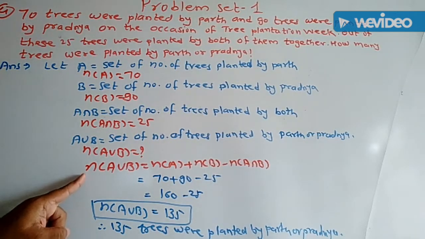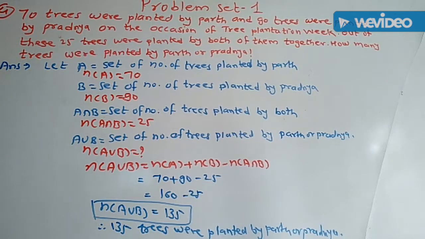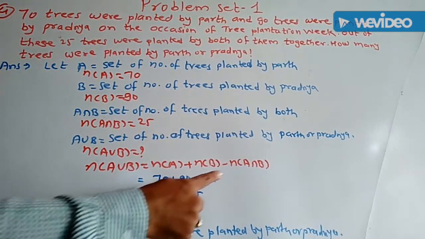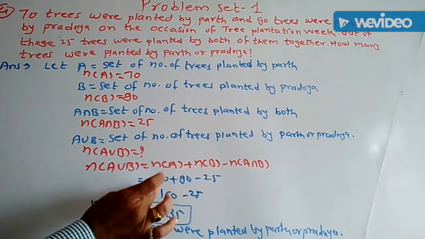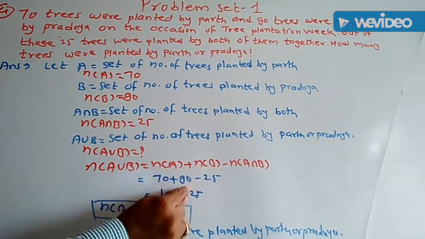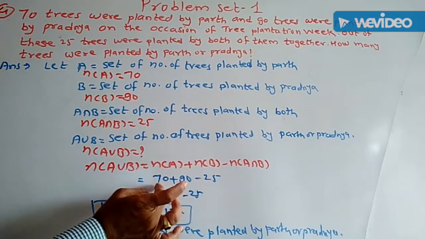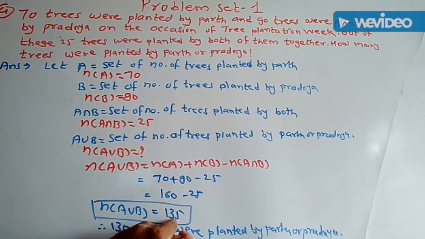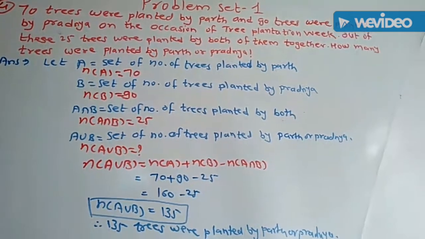Therefore, we use the relation: number of A union B is equal to number of A plus number of B minus number of A intersection B. Now putting the values, 70 plus 90 minus 25, and on solving we get 135. That means 135 trees were planted by Parth or Pradnya, which we had to find.